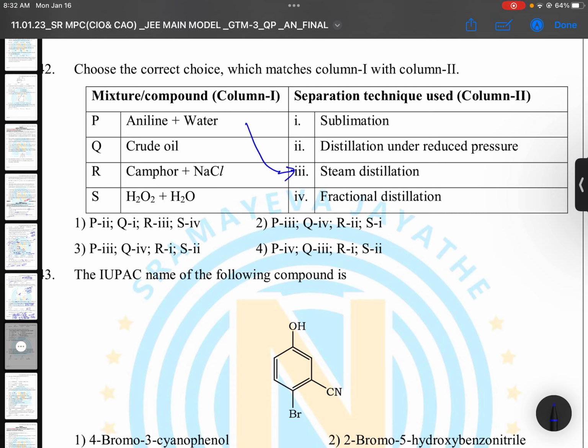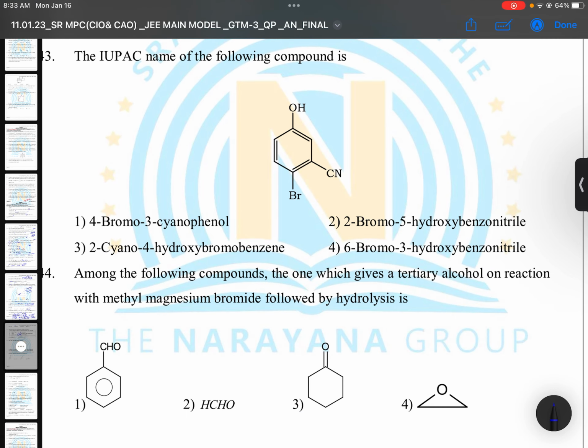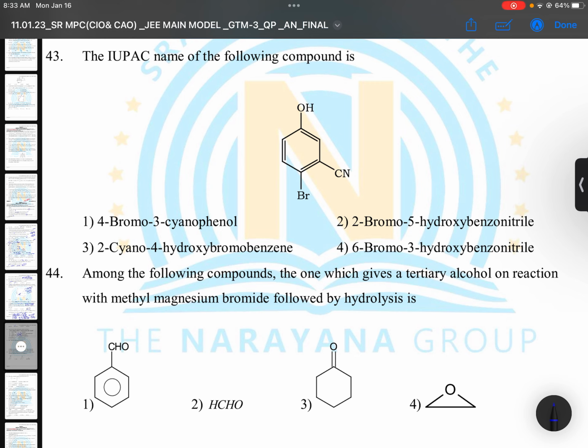Aniline, steam volatile. Camphor, sublimation. H2O2, distillation under reduced pressure because it decomposes. Easy question. Cyano, priority 1. So 2-bromo, only one case is there.